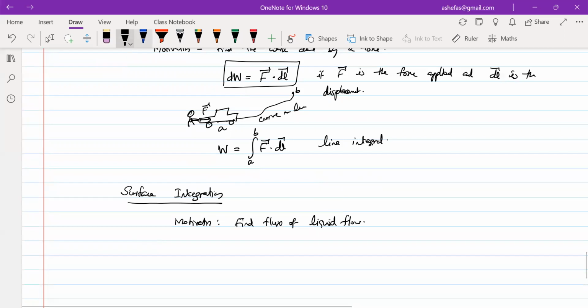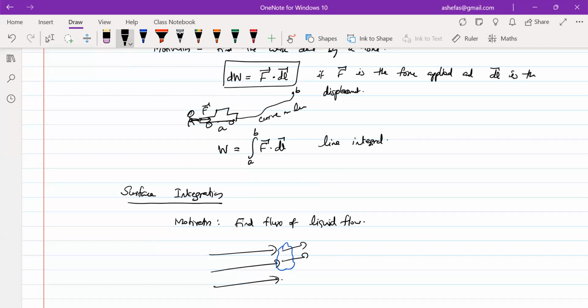Okay, so the situation is like this: some liquid is flowing in the region. Okay, and we have some area, the cross sectional area, and I just want to know how much liquid is flowing through this area per unit time. Okay, now this can be found out.